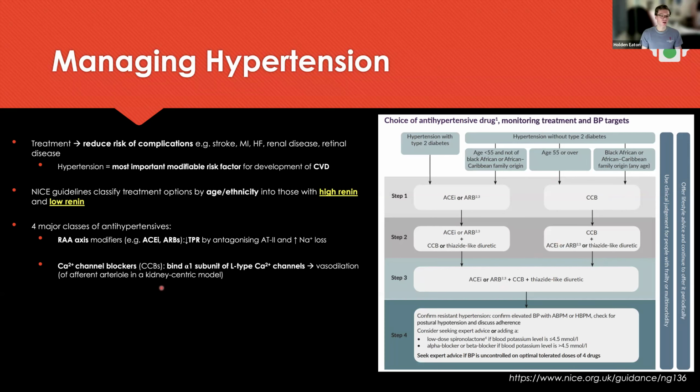People who follow traditional models, where they suppose that short-term and long-term blood pressure regulation is just vasotone-centric and cardiac output-centric, would say that these work just by dilating the system. But we saw earlier in the diagram how vasodilation alone does not account for a fall in blood pressure in the long term. So Guyton model enthusiasts would argue that calcium channel blockers preferentially dilate afferent arterioles in the kidney.